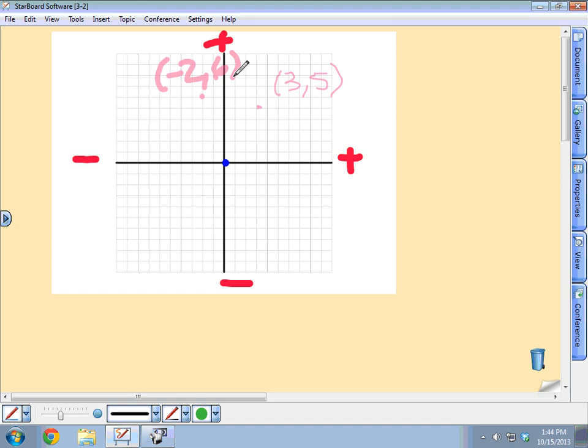Say that again? 2 and negative 3. 2, negative 3. And last but not least, Megan, why don't you give me a point in the third quadrant?